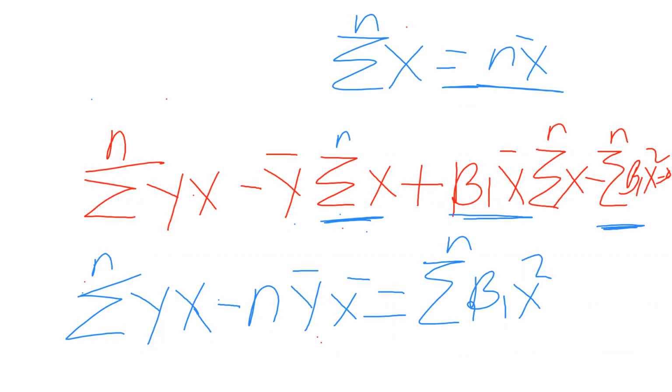This is just the same as this, isn't it? Yes. So it will cross the equal sign and be negative beta 1 x bar, then n x bar. This part has become n x bar, so it has crossed the sign like that.